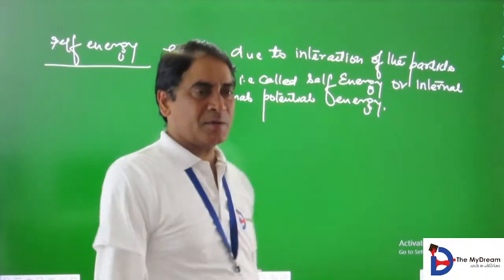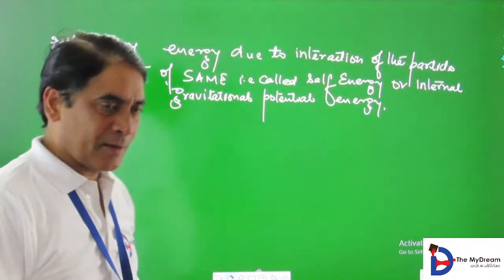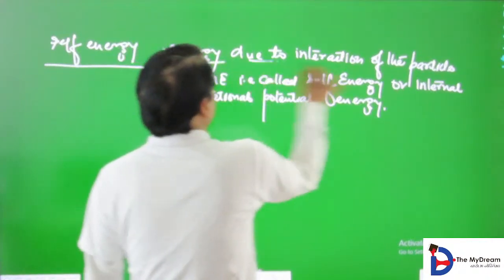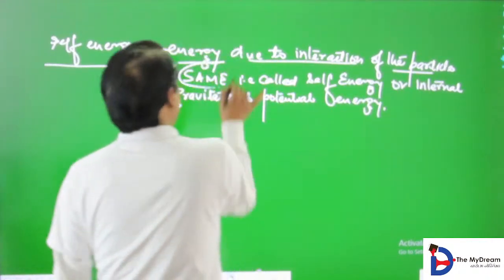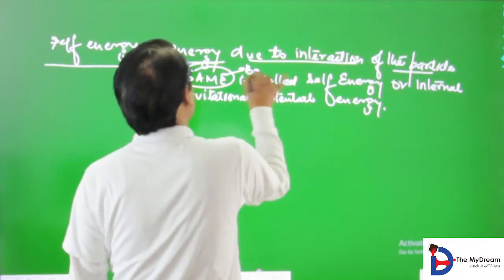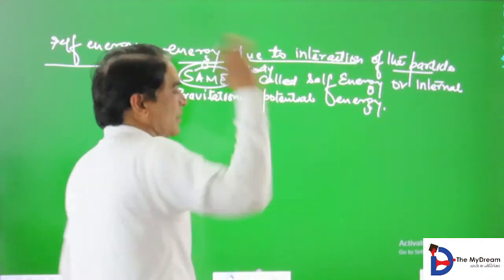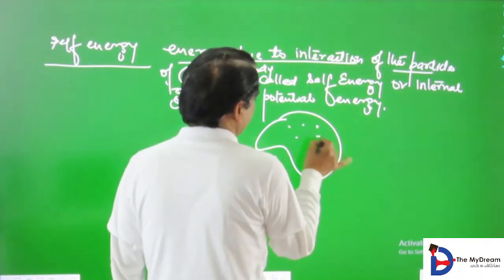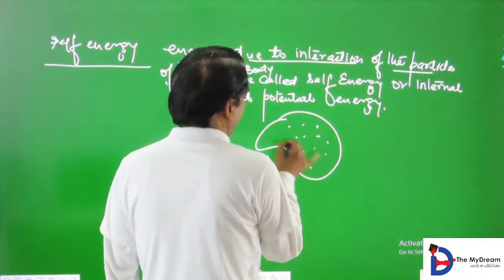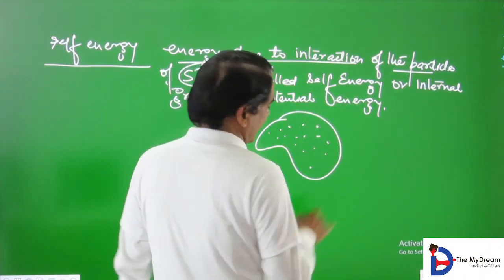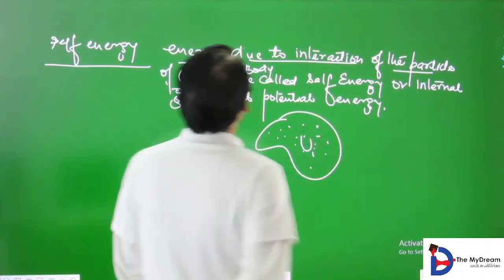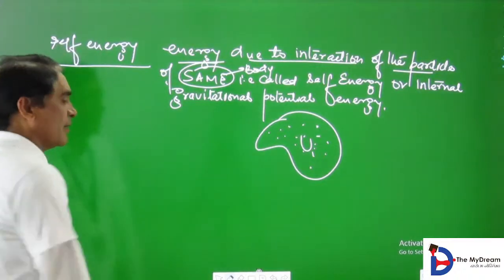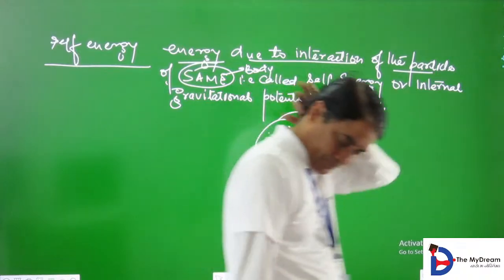Energy due to the interaction of the particles of the same body. Different particles, and the interaction between them. Now another one, that is the external potential energy.